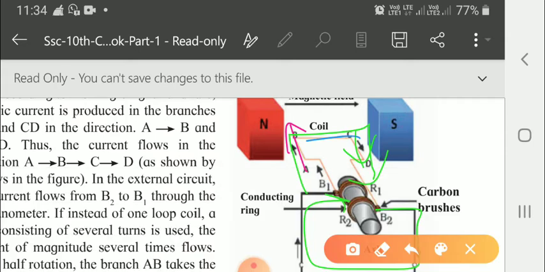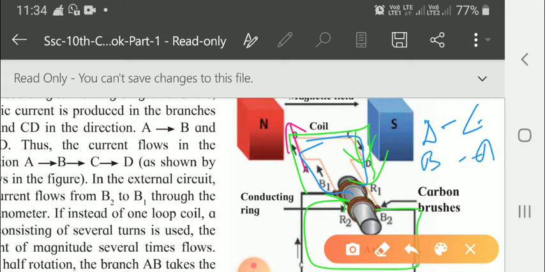This coil is one loop only. But instead of this, if many loops are used, then what will happen? After half rotation, the branch AB takes the place of branch CD and the branch CD takes the position of branch AB, and therefore the induced current will go as DCBA. So how does it go? DC, then BA.